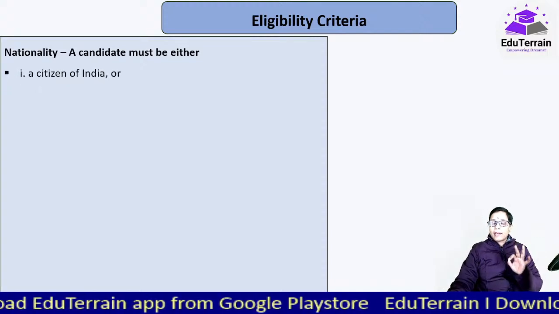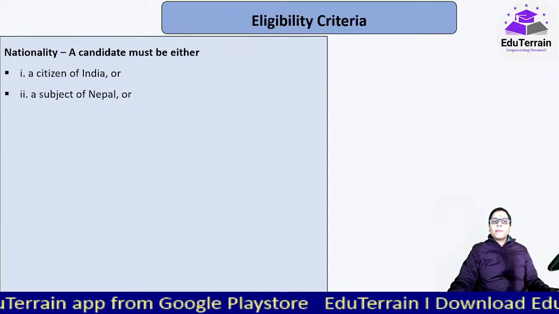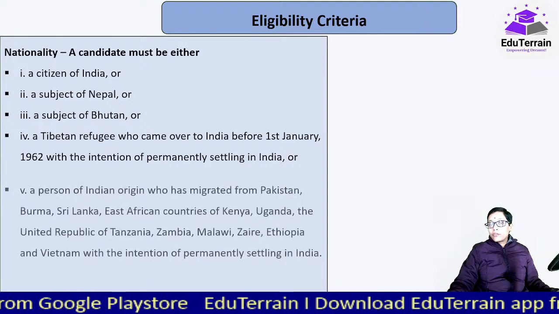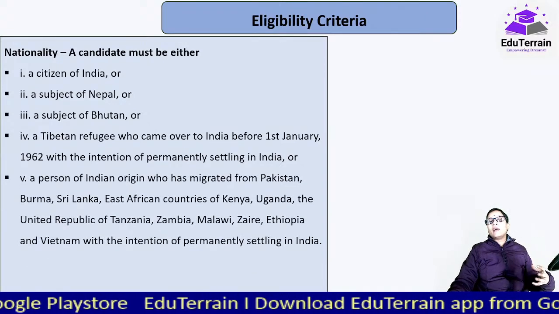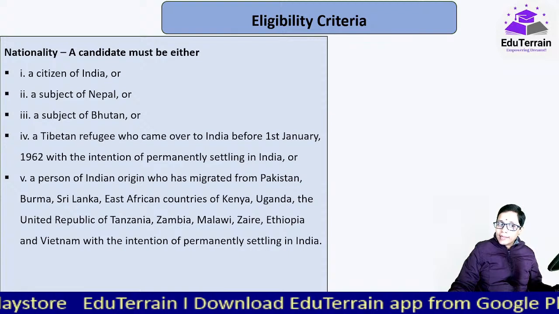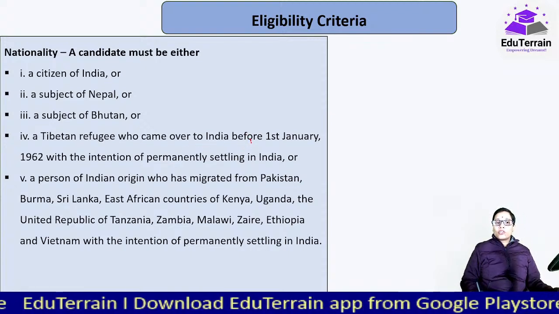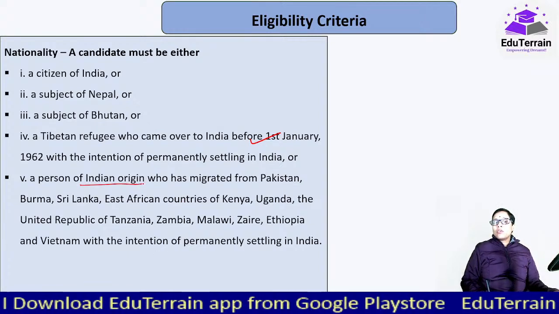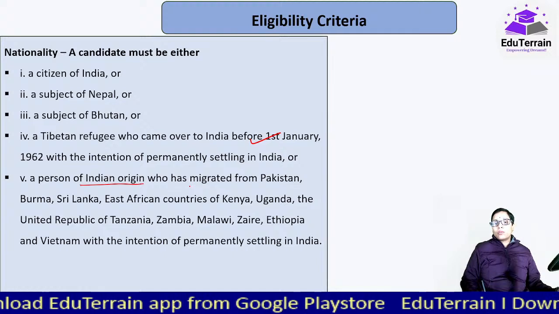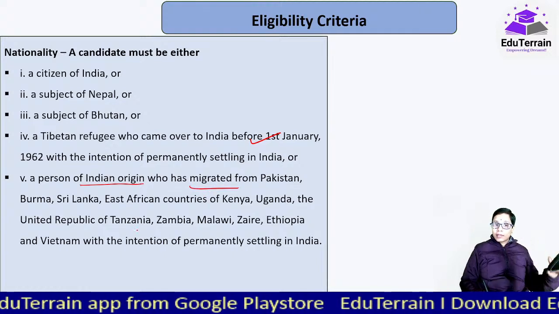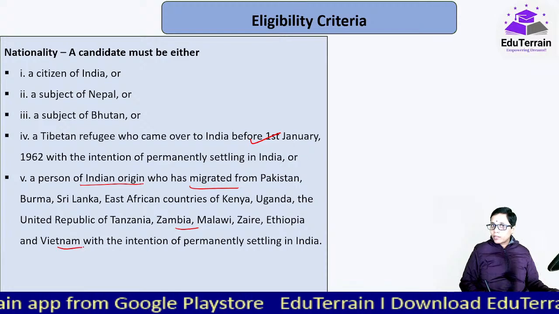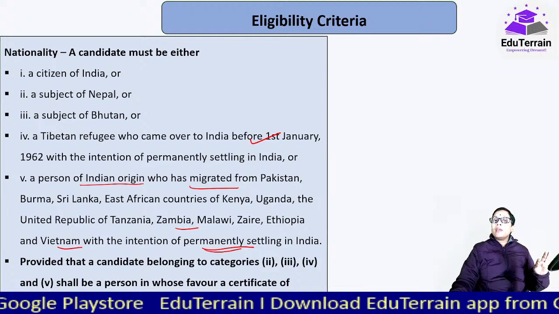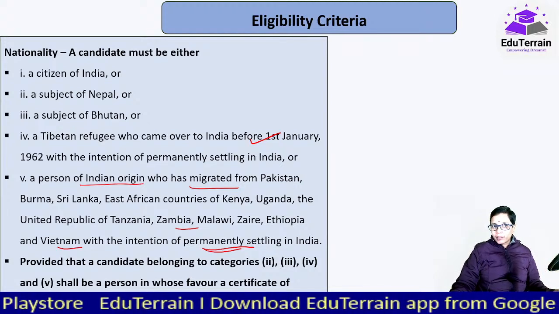The candidate must be either a citizen of India or a subject of Nepal or a subject of Bhutan or a Tibetan refugee who came to India with the intention of permanently settling down, that too before 1st Jan 1962, or persons of Indian origin who have migrated from Pakistan and various other countries, as you can see here, with the intention of permanently settling in India. They would be eligible as per the nationality.